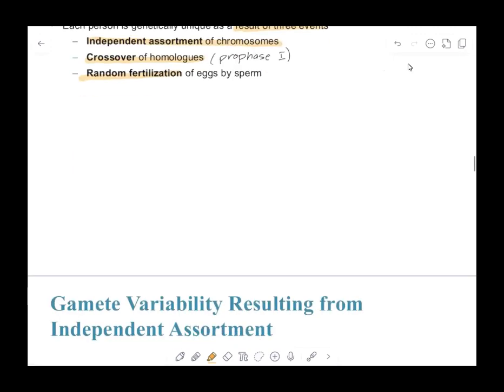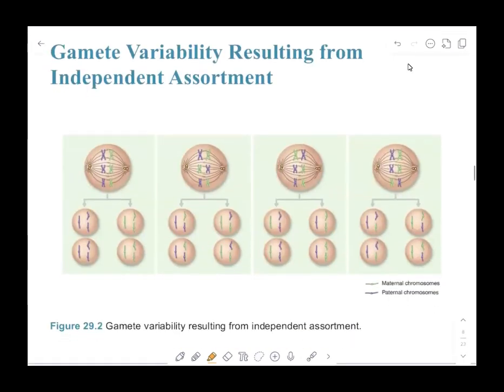So, on our next slide, we're going to look at independent assortment. During independent assortment, there are many different possible gametes that could actually result. In this case, what we're looking at is six different couples of chromosomes, which are going to end up forming various tetrads.